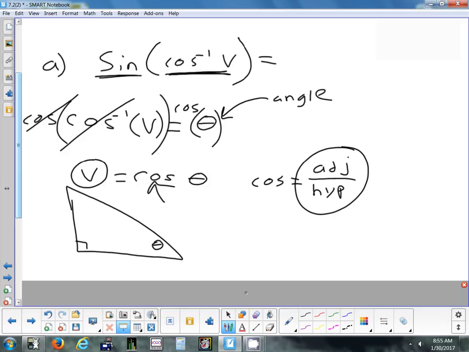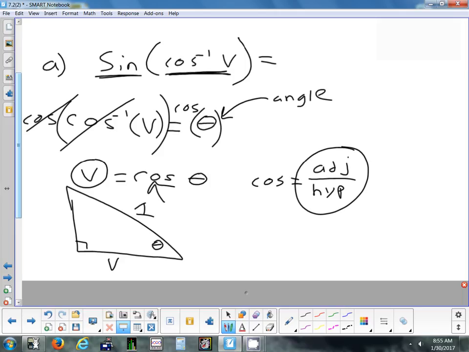There's an infinite number of ways to do it, but there is a simplest way. Which side do you want to make v, adjacent or hypotenuse? Make the adjacent side v, and make the hypotenuse 1.